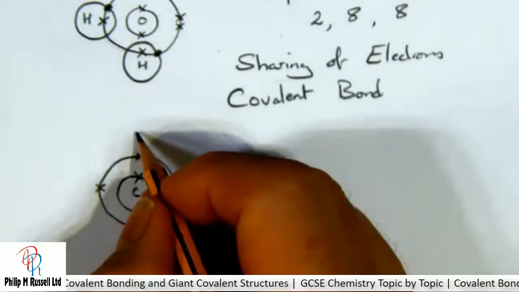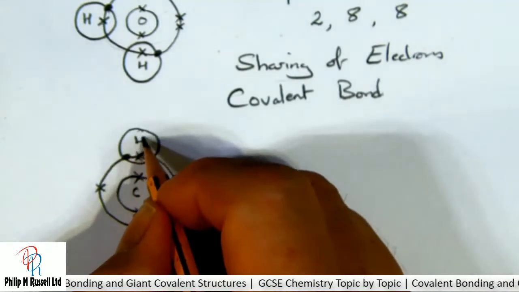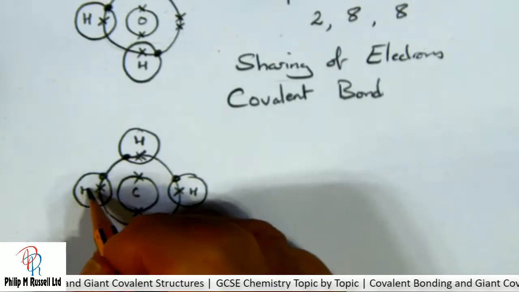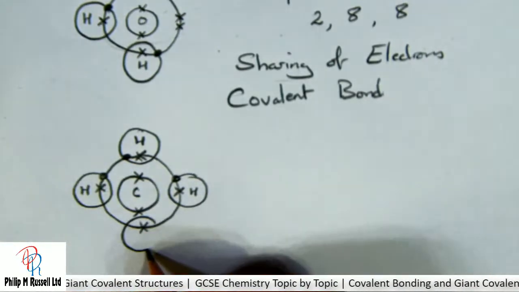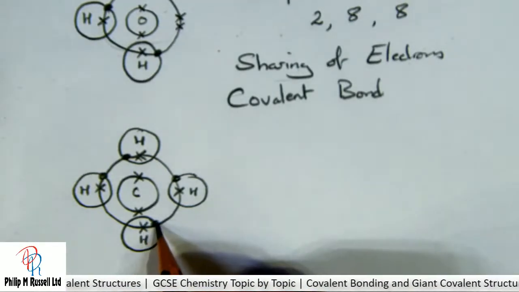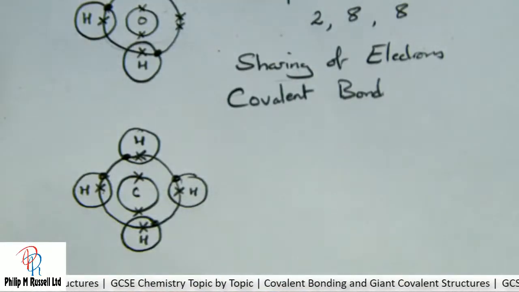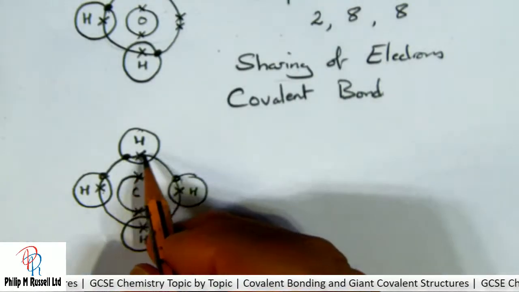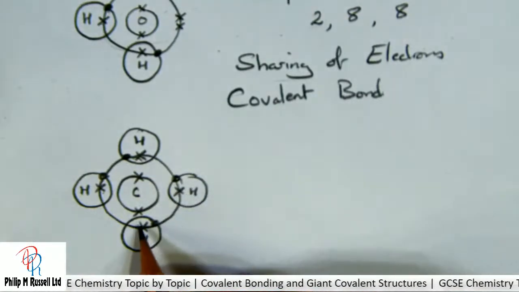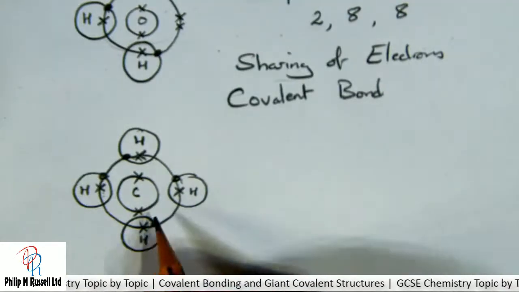the hydrogen supplies 1 electron, so each hydrogen feels that it's got 2 electrons, so they're happy, and the carbon atom needs 8, 1, 2, 3, 4, 5, 6, 7, 8 electrons, so that's happy.